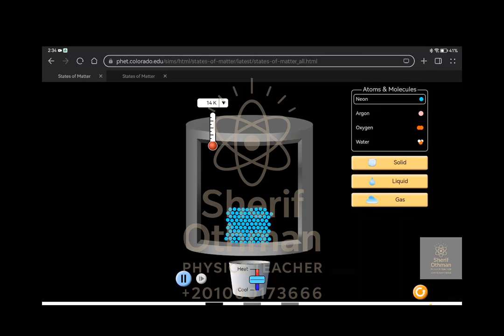So the state of matter in front of you guys is a solid state. By heating it up, the motion of the particles increases and its kinetic energy also increases. So it changes from being solid into liquid.